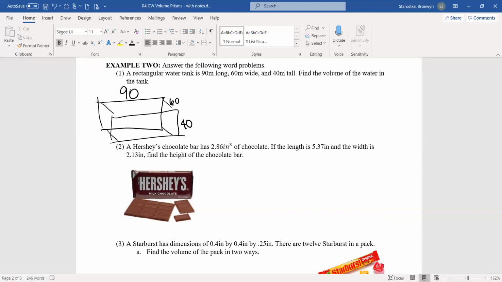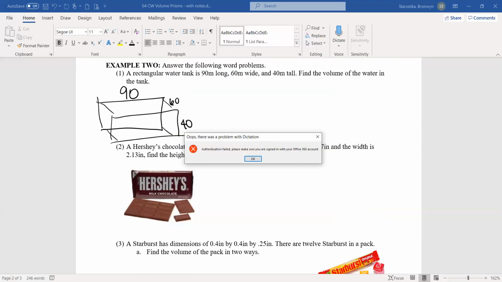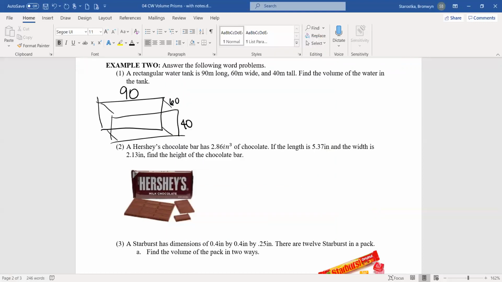The area of the base is going to be 60 times 90. The height is 40.